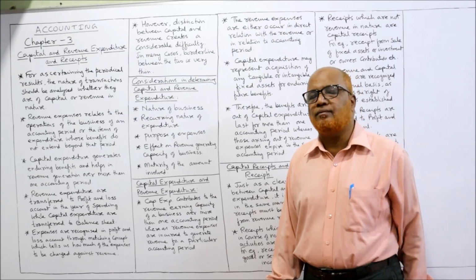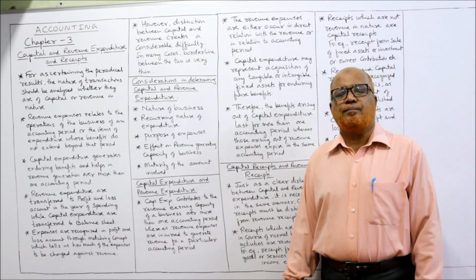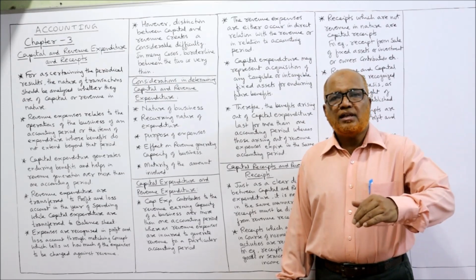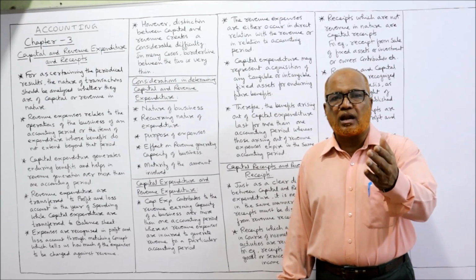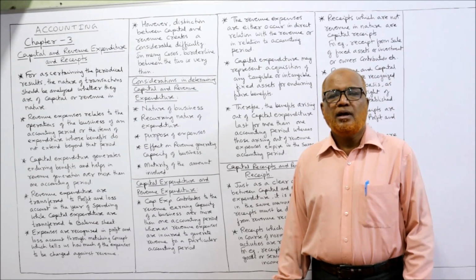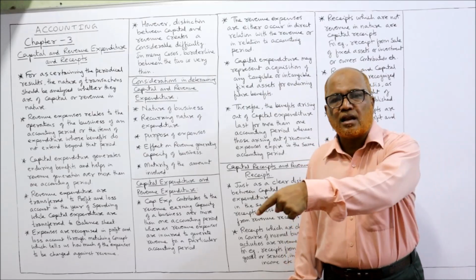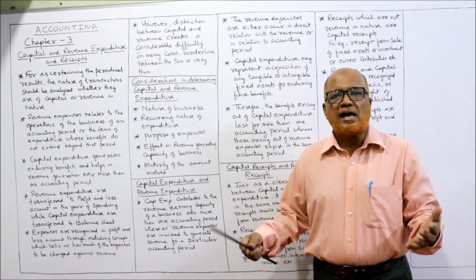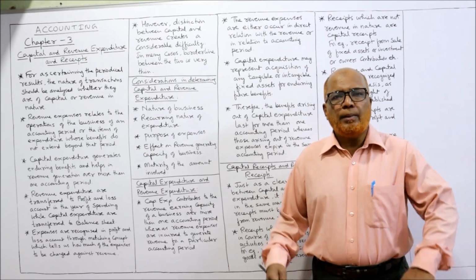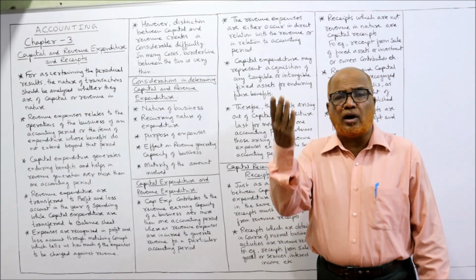Next, effect on revenue generating capacity of the business. We have to see whether by incurring the expenditure, revenue generating capacity will increase or not. If it is not increasing, if it is maintained, then it's a revenue expenditure. Example, salary paid, rent paid. By paying the salary and rent, our revenue generating capacity will not increase.